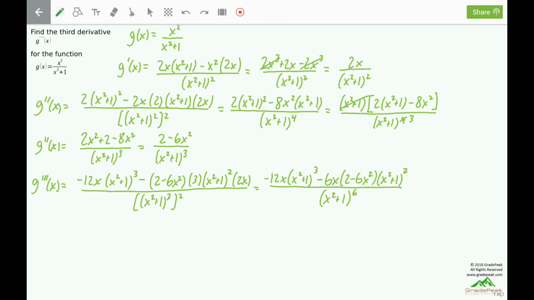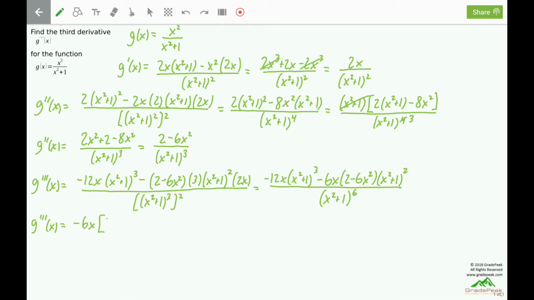The next thing we're going to want to do here is factor the numerator as much as we can to simplify. And I can start with factoring out a constant negative 6. There's a negative 12 here and there's a negative 6 here, so a negative 6 and an x with that, so negative 6x.